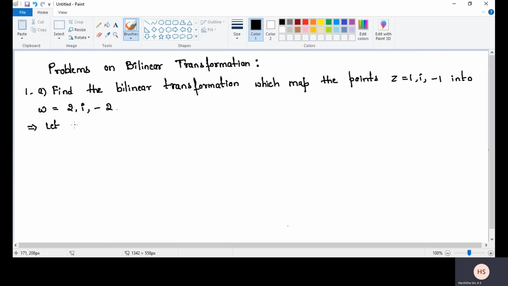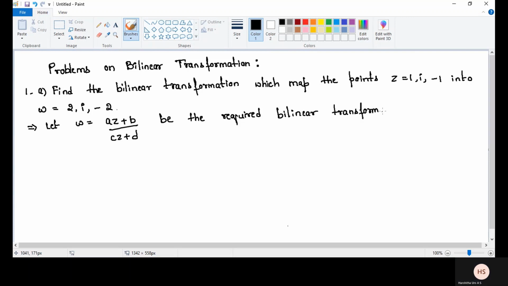Solution. Let w is equal to az plus b divided by cz plus d be the required bilinear transformation. First point, z is equal to 1, w is equal to 2.